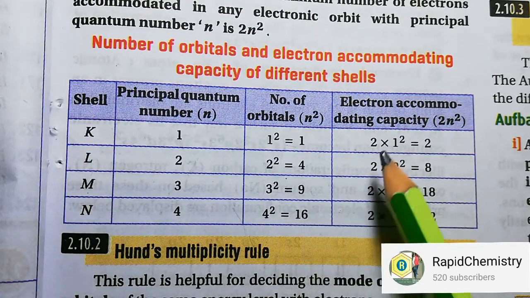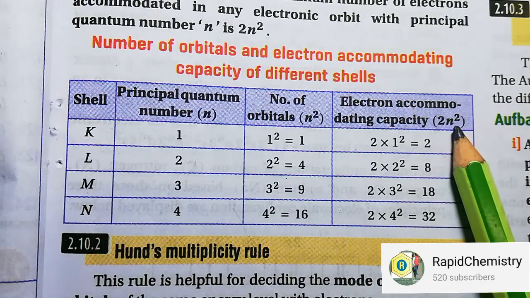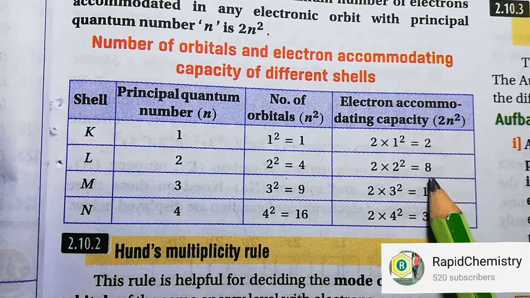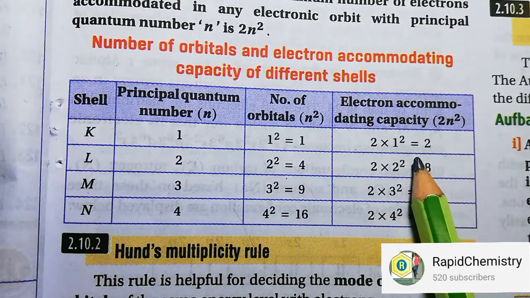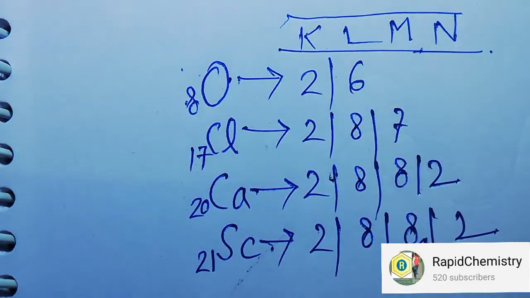The electron accommodating capacity equals 2n square, which is already known to us from last year, and that is 2, 8, 18, 32, the maximum number of electrons in the different shells.